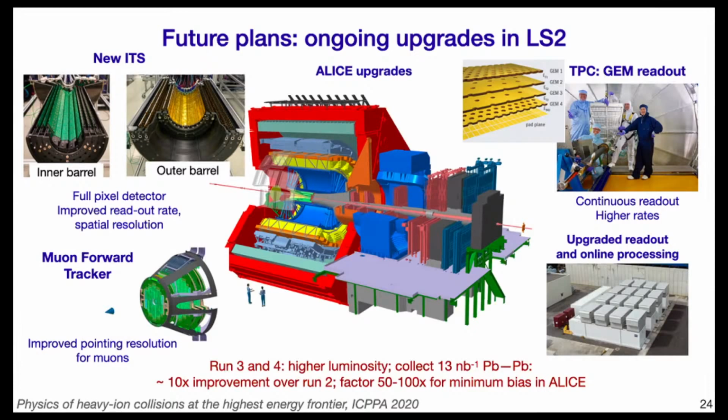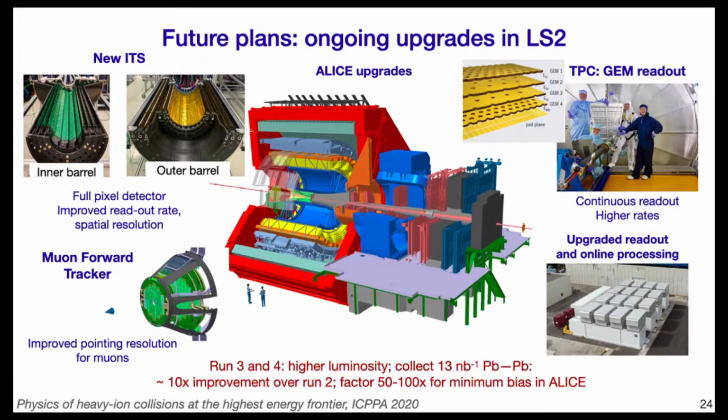We are replacing the inner silicon tracker and the TPC. There's a new muon forward tracker, also with silicon technology, and upgraded readout and online processing. And actually there's more that's not on the slide, because almost every subsystem, as Peter said, is being improved to achieve a higher readout rate.